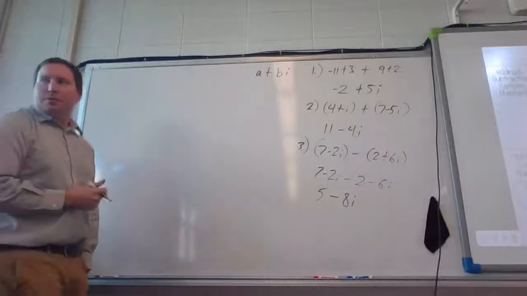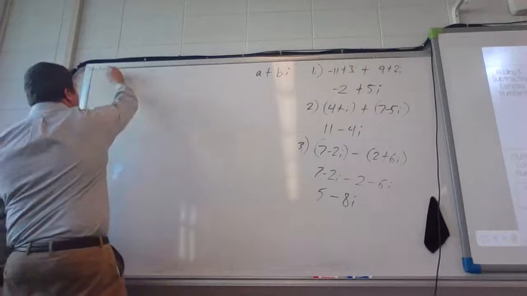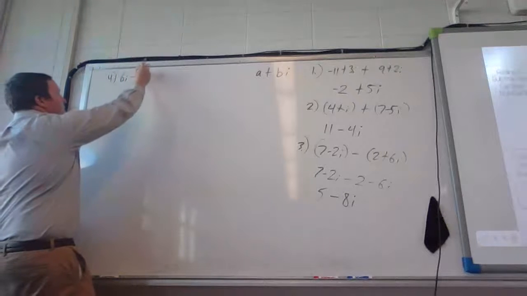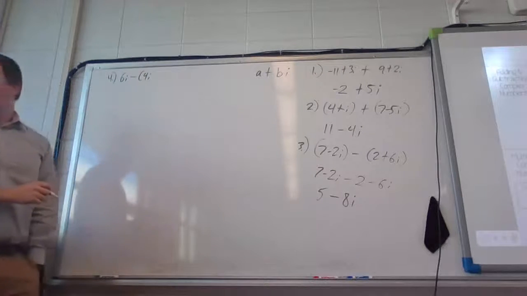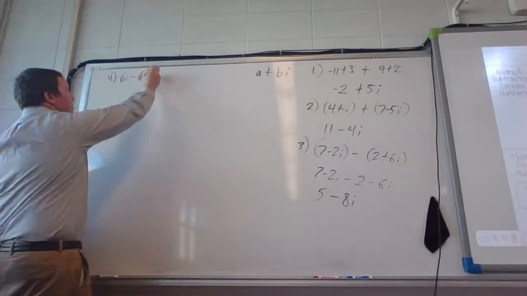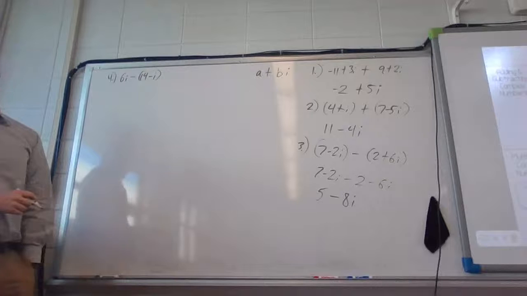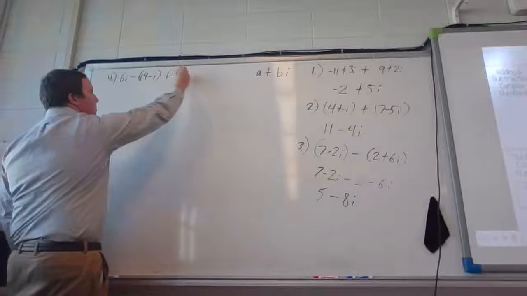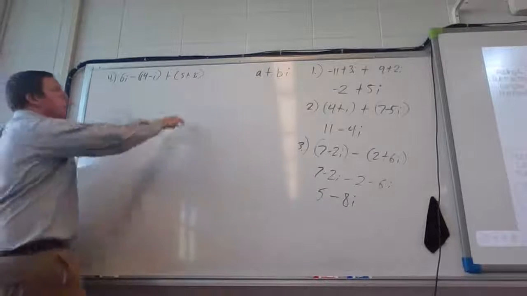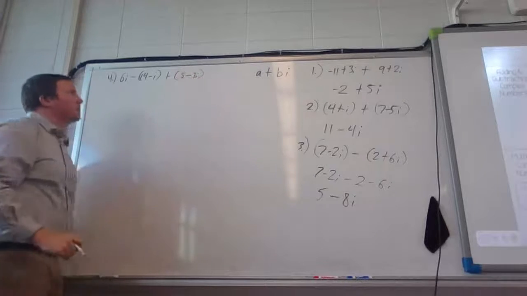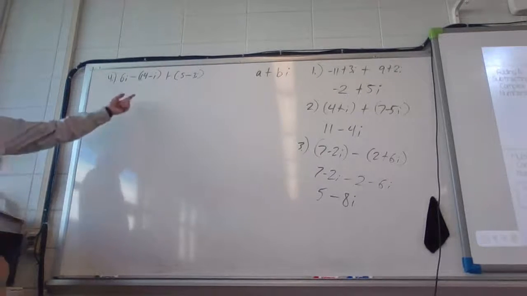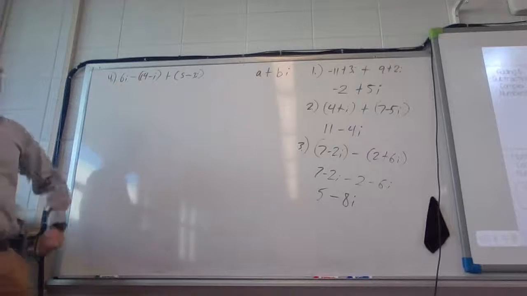And then our last one, number 4. So again, first thing we want to do is just distribute our negative to everything on the inside.